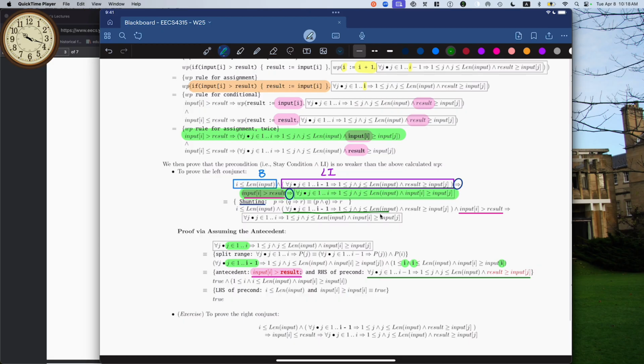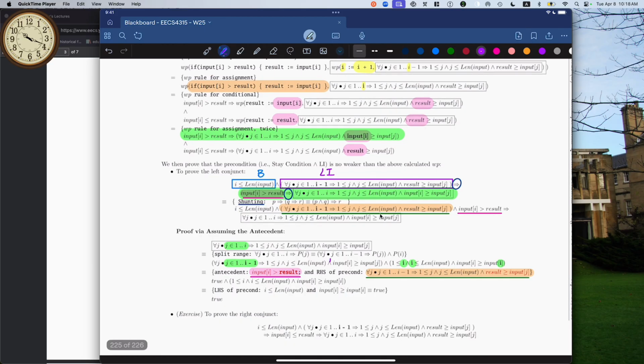All right, let me highlight it. And that's also the one that we're using. So you want to convince yourself this one here combined with this one here is actually going to show that this one here is actually true. Okay, so I'm going to write it down for you, and then it's actually quite obvious once we write it down. So you want to look at this part over here.